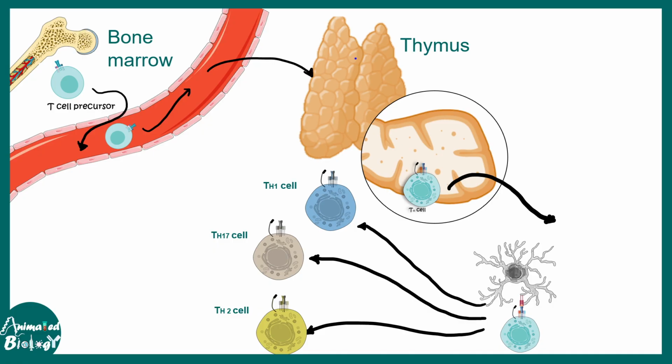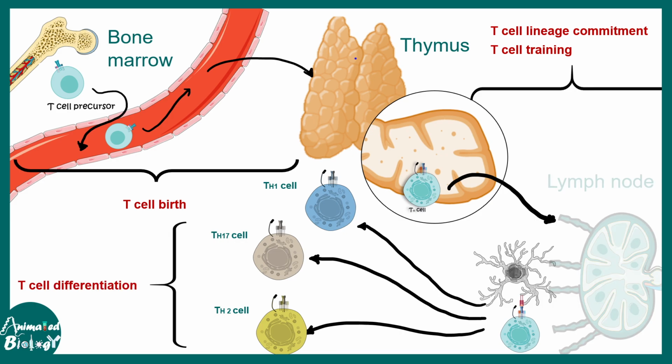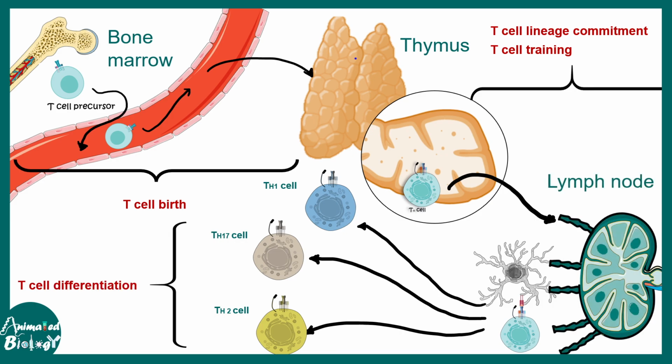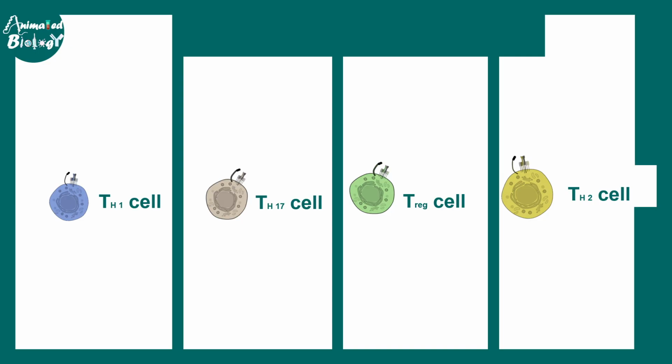So specific cytokines and other chemical molecules trigger this T cell differentiation. So T cell birth, T cell differentiation and T cell lineage commitment are three important processes in the entire immune response. Now let's talk about a few of the subtypes: Th1, Th17, Treg and Th2 cells.